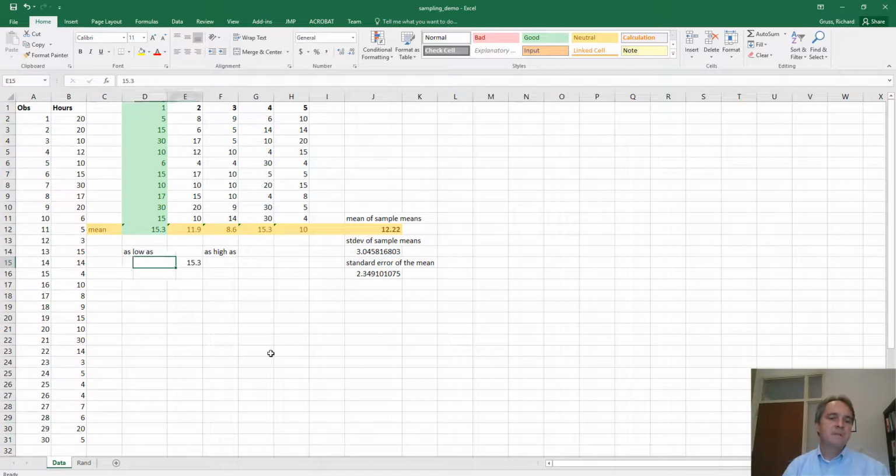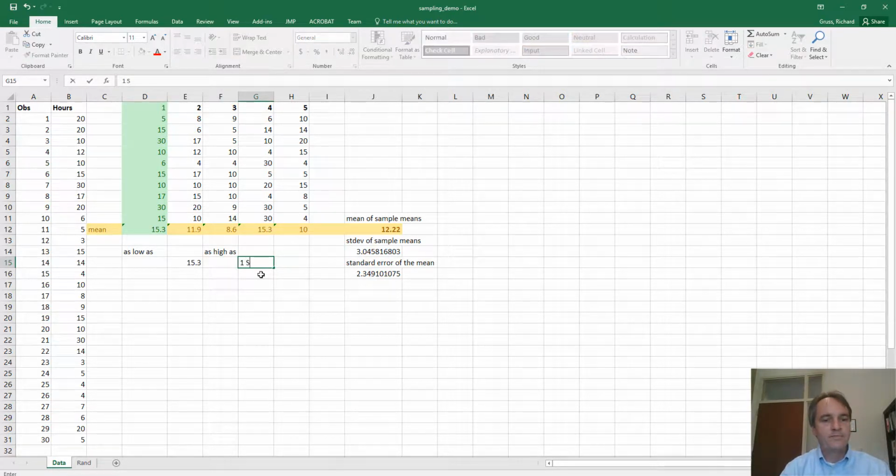So, let's say we can use this standard error of the mean, right? This wound up being roughly the standard deviation of our sample means. So let's just say that this could be as low as this value minus 1 standard error of the mean, or as high as this value plus 1 standard error of the mean.